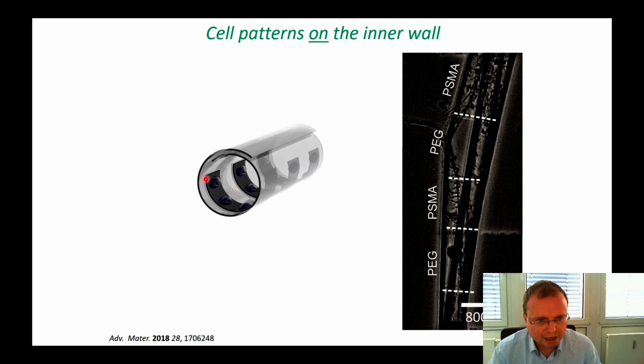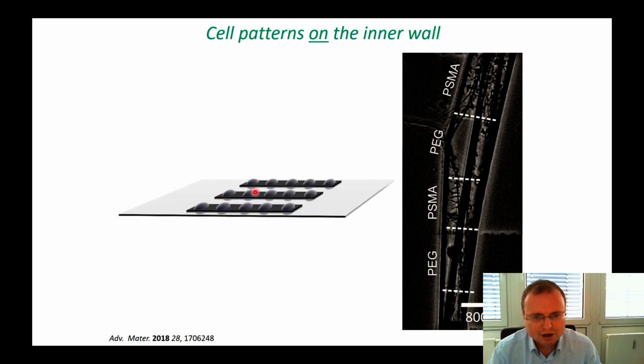So practically, we are able to selectively deposit cells on these stripes. As a result of shape transformation, we get the tubes where cells, for example, land, and the areas where cells will not be. So we are practically able to convert this complex two-dimensional cellular pattern into a complex three-dimensional cellular pattern.